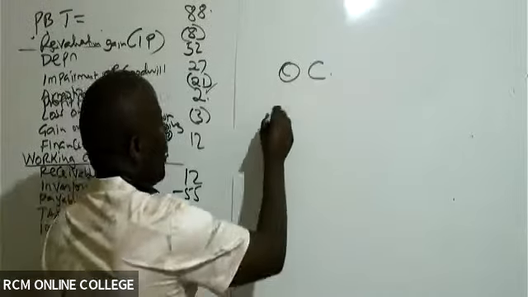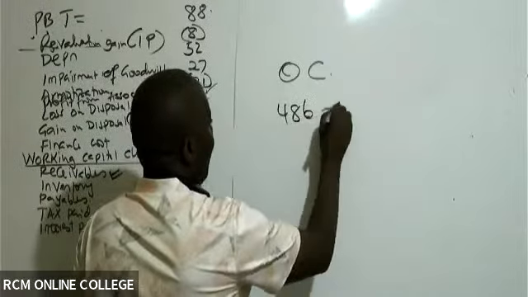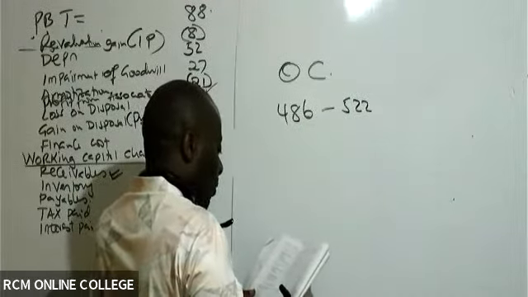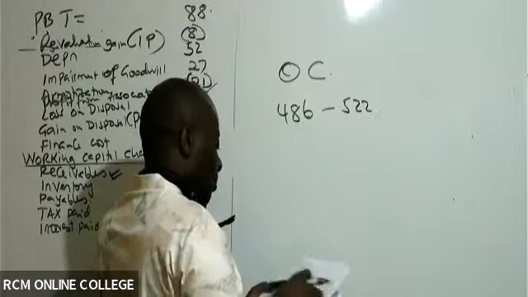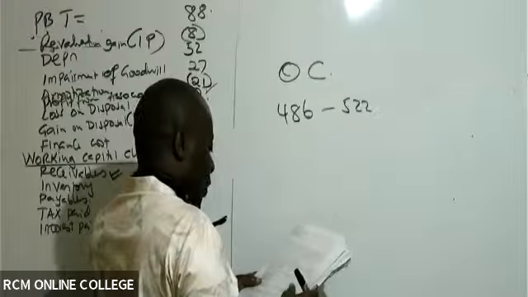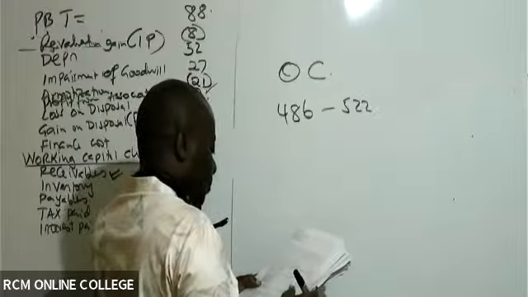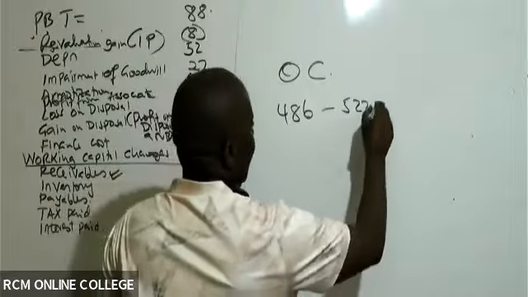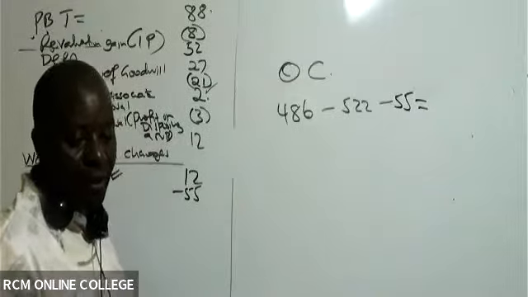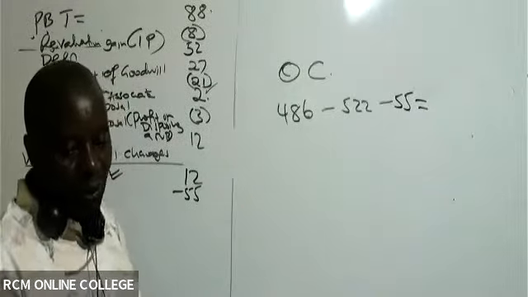So we have here 486 minus 522, minus this subsidiary that left us went with the payables worth 55. And they're saying it's 524.